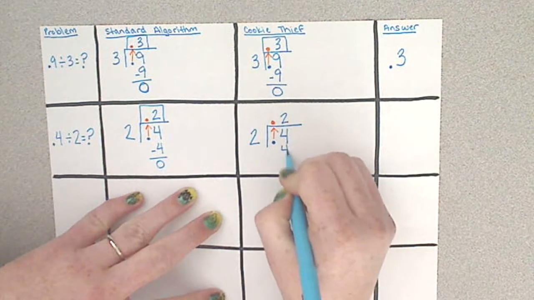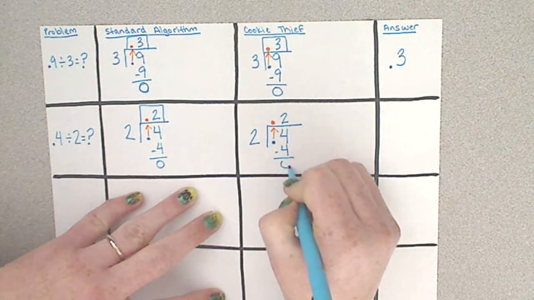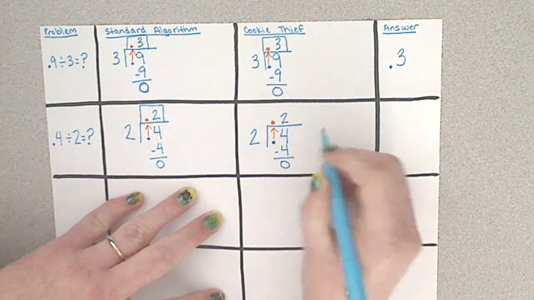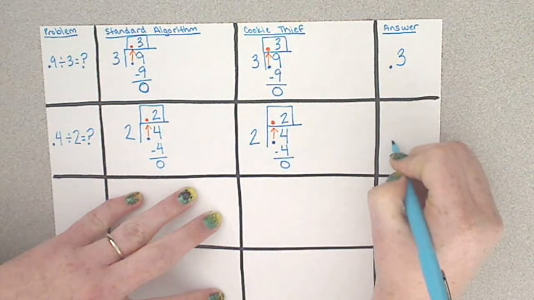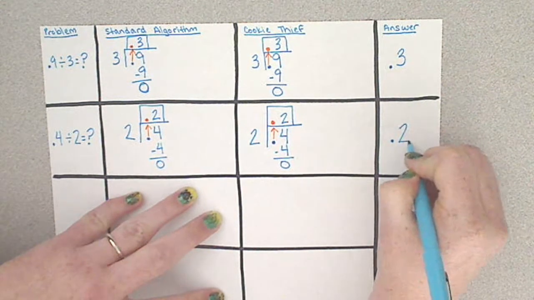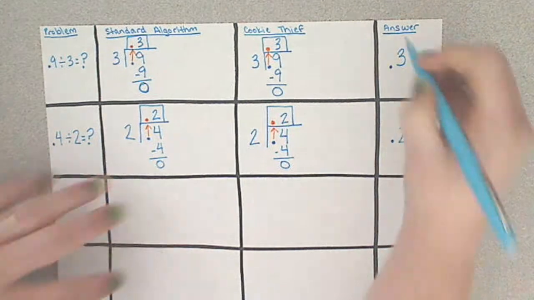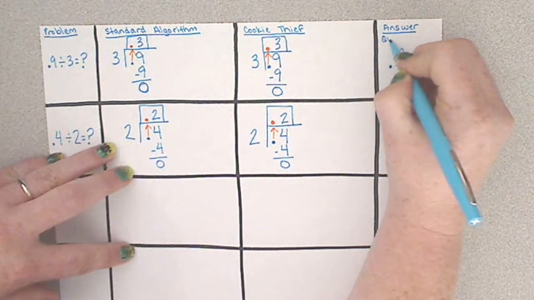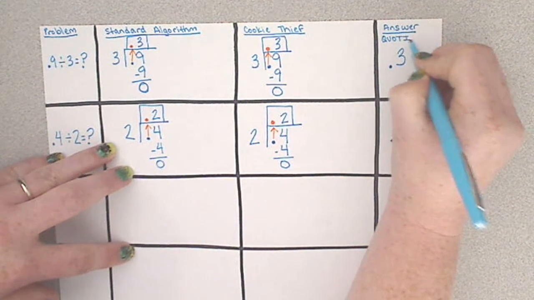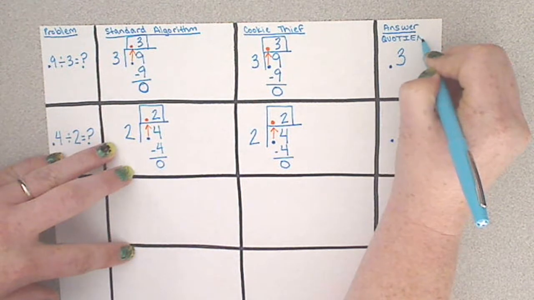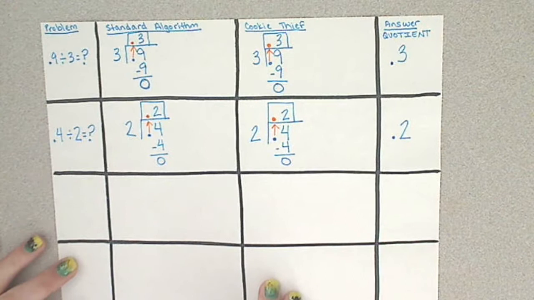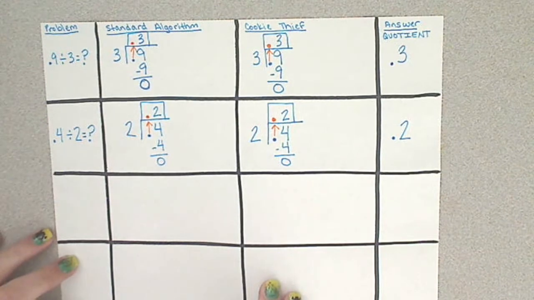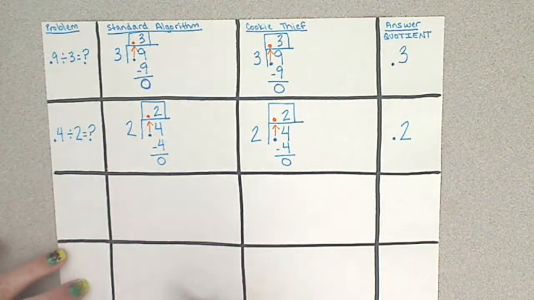And 2 times 2 is 4, so he steals all 4 cookies. There are no other apartments to go to. So 2/10 is our answer, is our quotient. Now I'm actually going to write the word quotient over here to remind you.